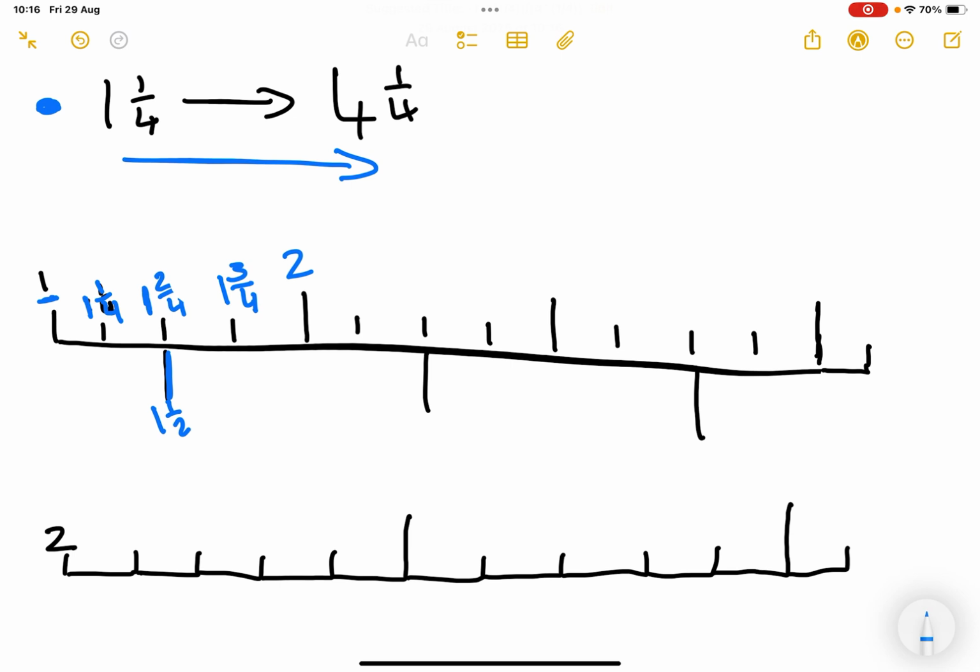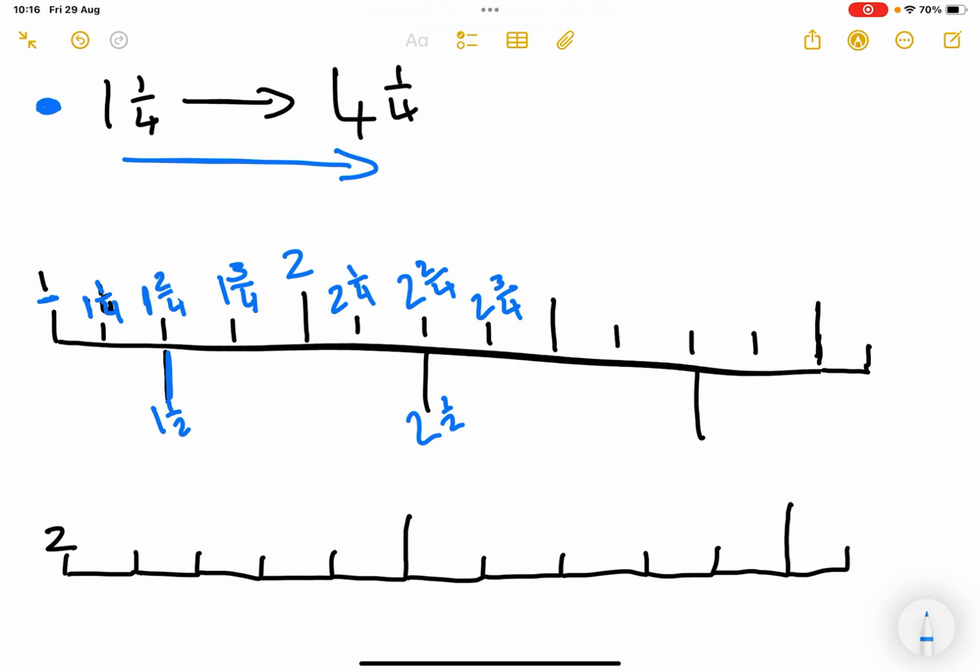Now I'm going to continue counting, because I'm still counting in quarters. But now I have 2 as my whole number, so it's now going to be 2¼. Then 2 and 2/4. But we know that 2/4 is the same as a half, so this is also 2½. They are equivalent. Then 2 and 3/4. And now again, I don't say 2 and 4/4.